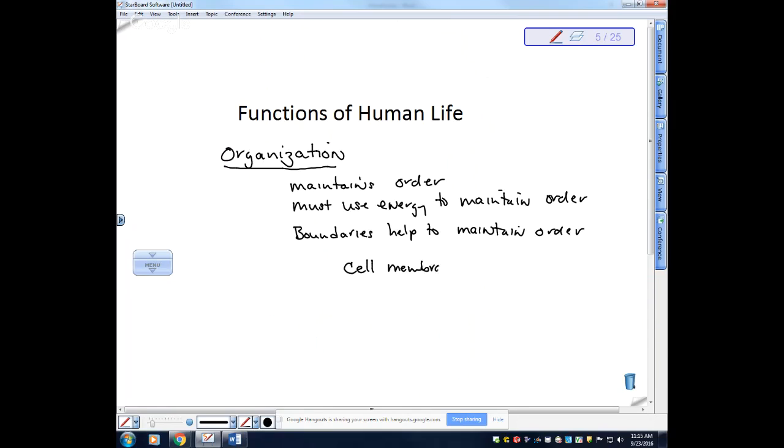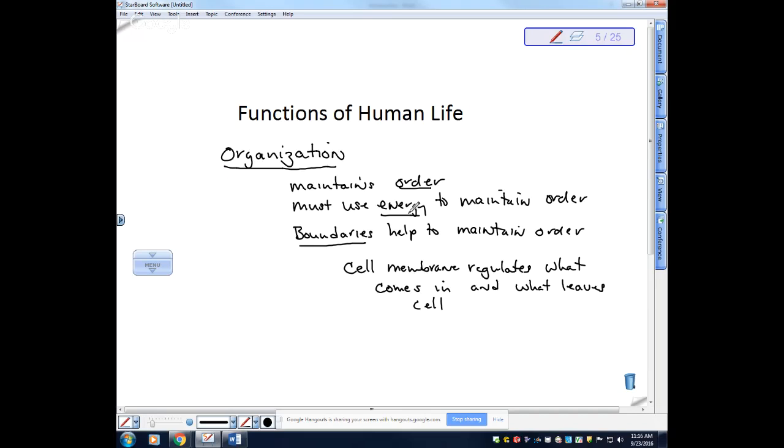So for example, the cell membrane regulates, using some energy, what comes in and what leaves the cell. Right? So when we die and we stop obtaining energy, we decompose. And so cells fall apart, and then our body will eventually, with the help, hopefully, of microorganisms, decompose, and we will lose our organization. So boundaries are important to maintaining order, and that requires energy.